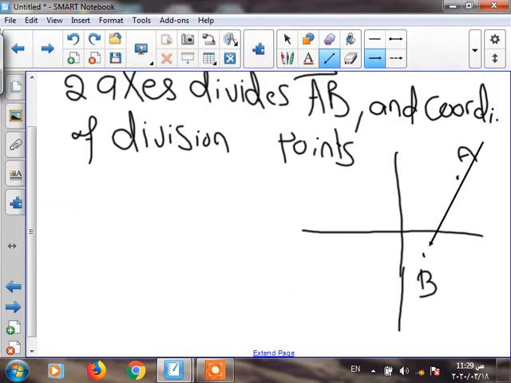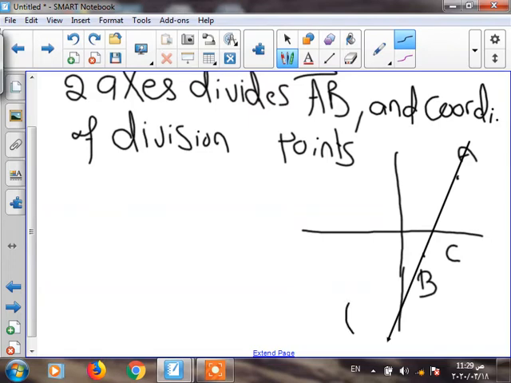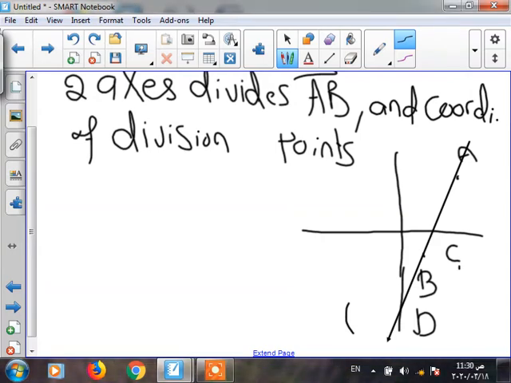If we join A and B together, they will meet the x-axis and also meet the y-axis. He is asking about the intersection with the x-axis at the point C and the intersection with the y-axis at the point D. He asked about finding C and D and also about finding the ratio.